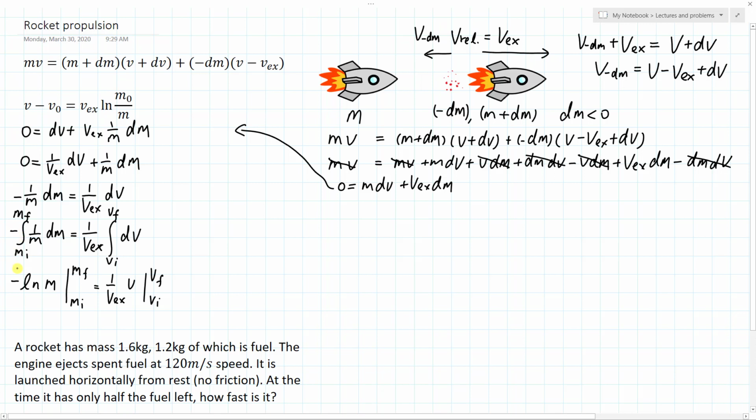Okay, so now to evaluate this, we have minus natural log m final minus negative, so that's plus natural log m initial, so that's the left hand side, and this is also equal to this minus that. So inside of a natural log, it should be this divided by that.